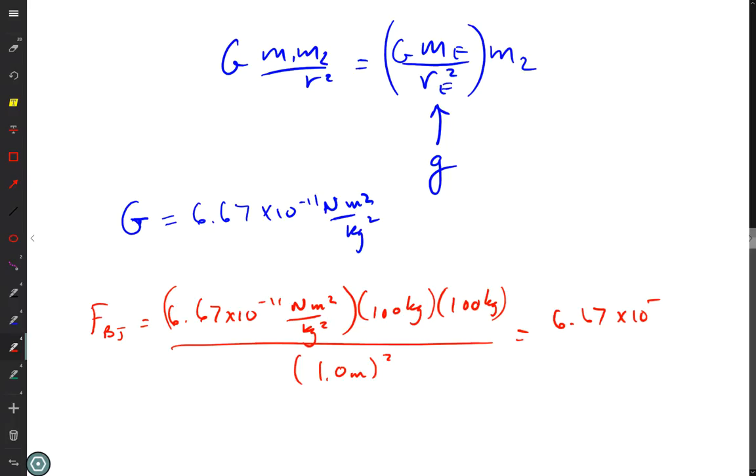Minus 11 plus 4 is minus 7. That comes to 6.67 times 10 to the minus 7th newtons.